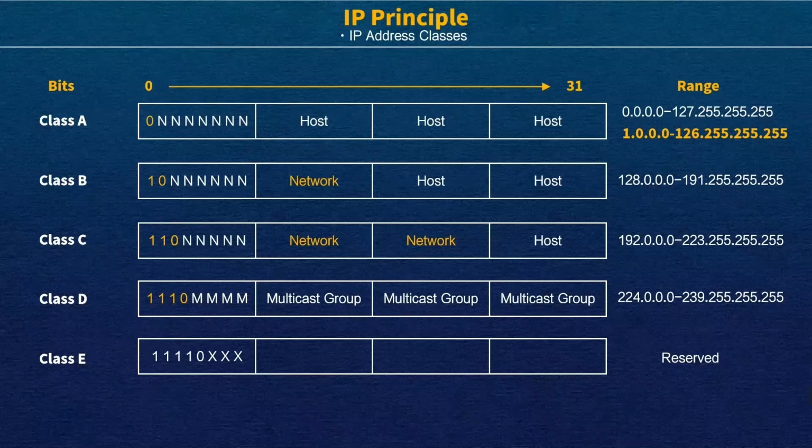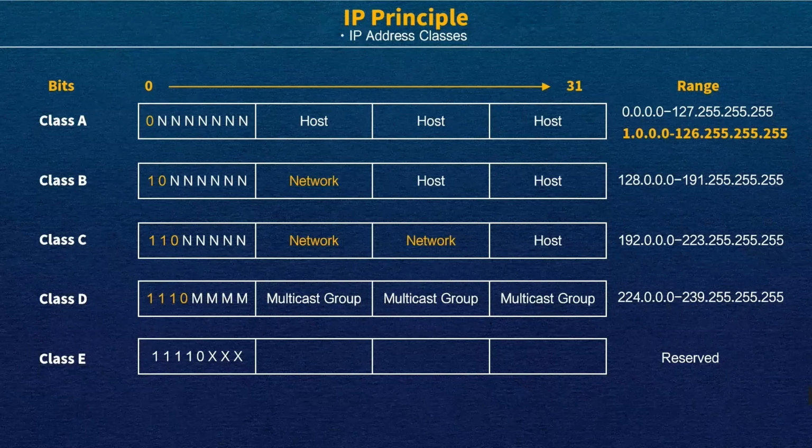Because the 0.0.0.0 segment we will use in the default route. But the segment of 127 indicates the local address. So this one cannot be used. Okay, pay attention about this one.